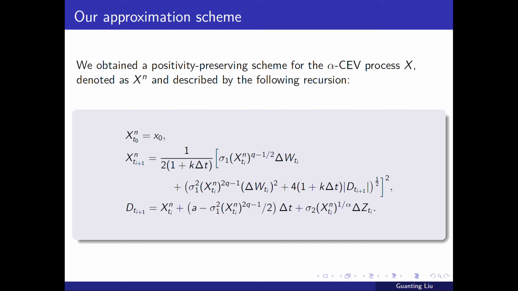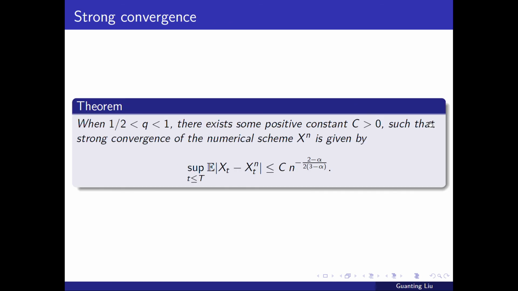this scheme starting from x0, represented by the recursion, from ti to ti plus 1. This is just some substitution. This is a positivity preserving scheme for the alpha CEV process. And we also prove strong convergence for the scheme.